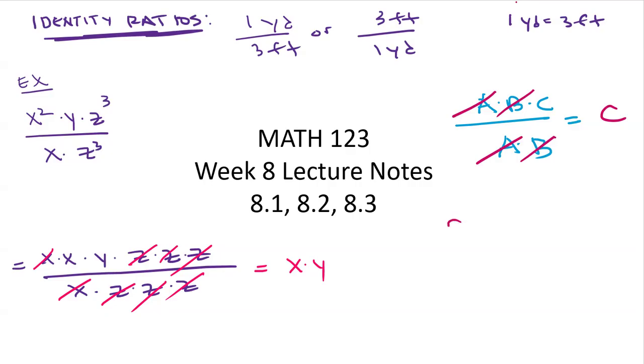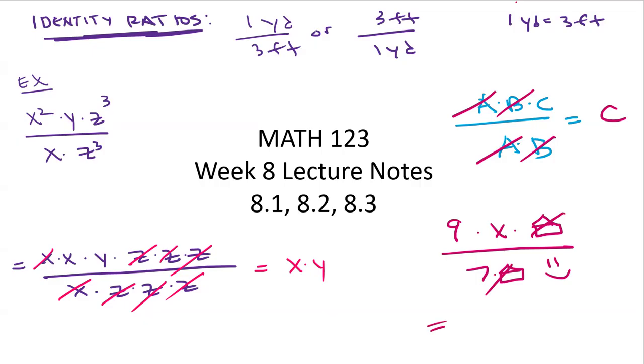To bring it home, let's say we have 9 times x times a house, divided by 7 times a house times a smiley face. This is just practicing units, that we're going to cancel units. Obviously the houses are going to cancel, because that's the only thing they have in common.